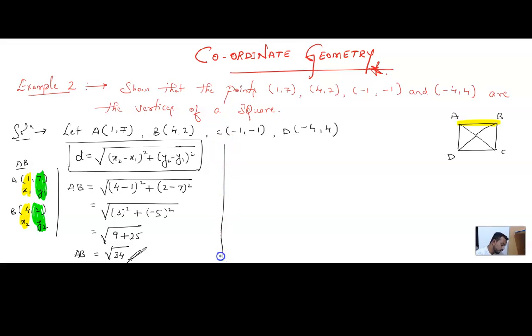Then after AB, let me find the distance BC. So again we write the B coordinates. What are the coordinates of B? That is 4, 2. And what are the coordinates of C? That is -1, -1. So let me say this is x1, this is y1, this is x2 and this is y2. This is the data. Let me write in the formula, that is BC is equal to root of x2.